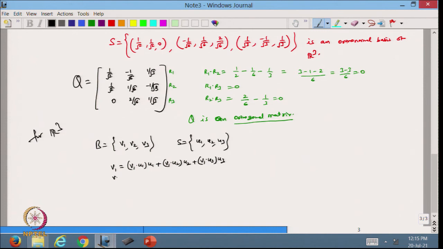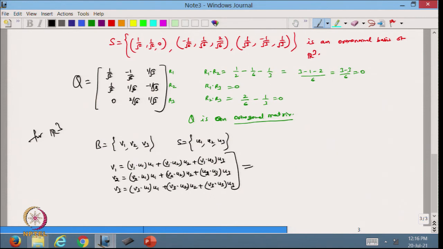Similarly, I can write V2 as V2 dot U1 times U1, V2 dot U2 times U2 and V2 dot U3 times U3, that we have already discussed. And similarly, V3 is V3 dot U1, V3 dot U2, and V3 dot U3.